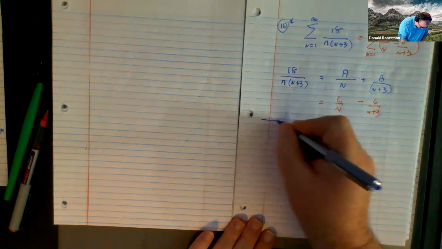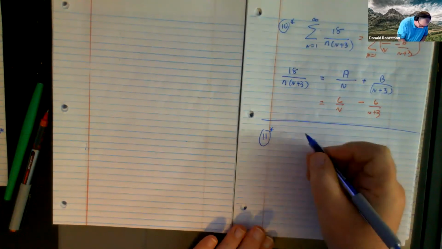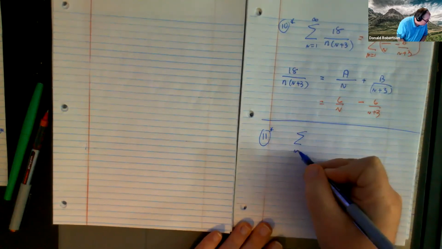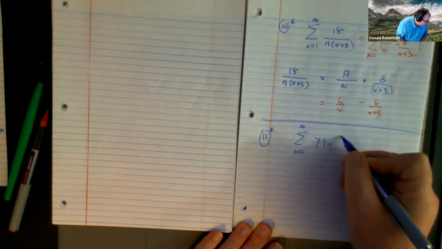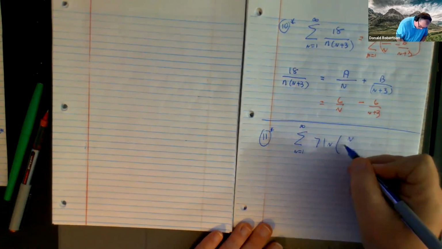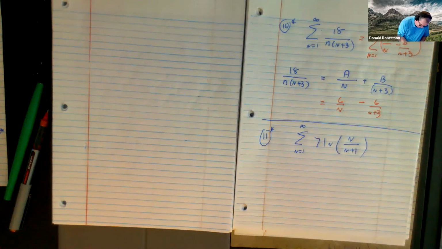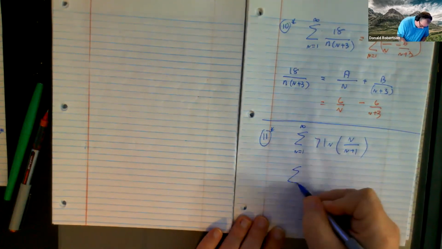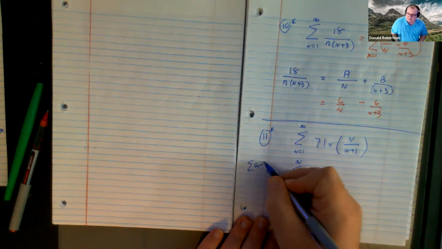Here's another different situation. It is a telescoping series, and they tell you it's a telescoping series. It just doesn't look like one yet. To be a telescoping series, shouldn't it be A take away B, something like that?